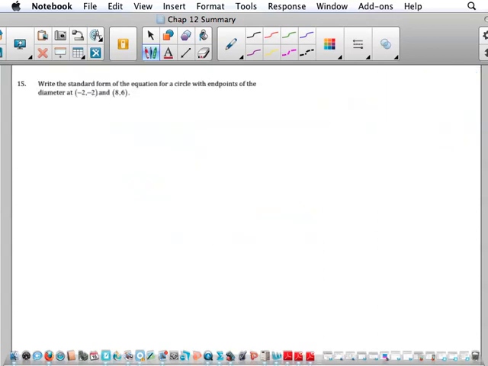Number 15 is a little more challenging. It asks you to write the standard form of the equation of the circle with end points of the diameter at minus 2, 2 and 8, 6. So if you think about this, here's my circle, there are the end points of my diameter. The center of that, the midpoint of that line, is the center of the circle.